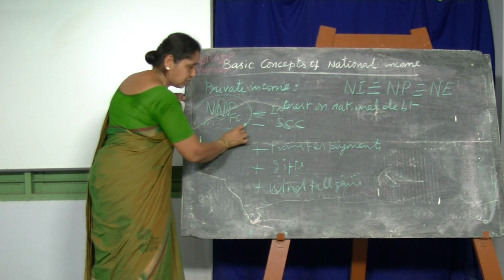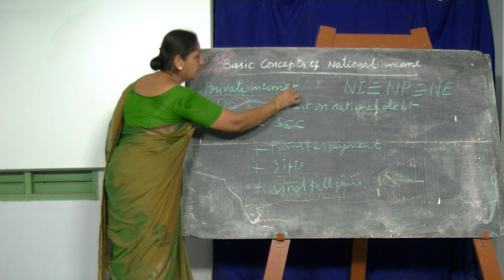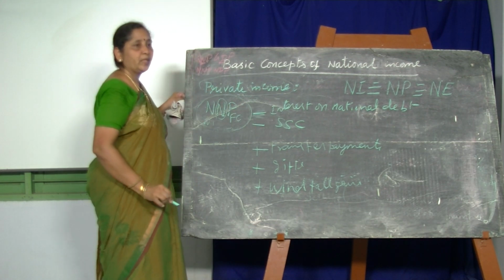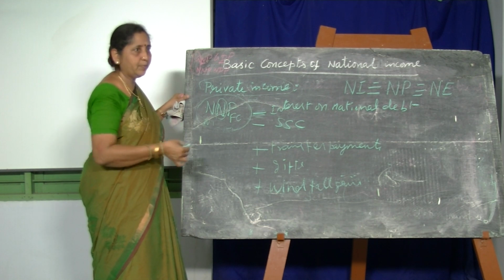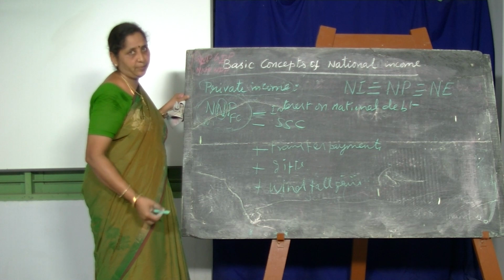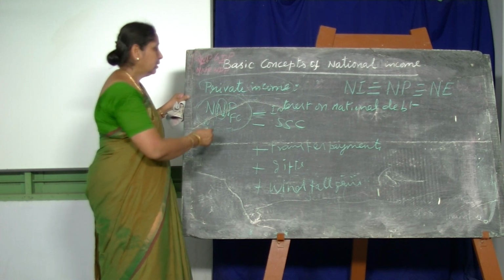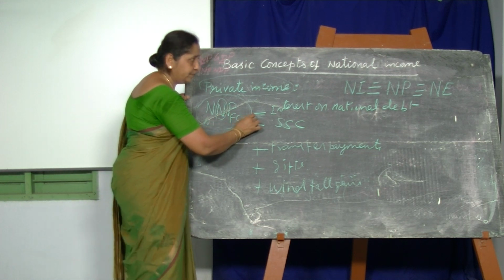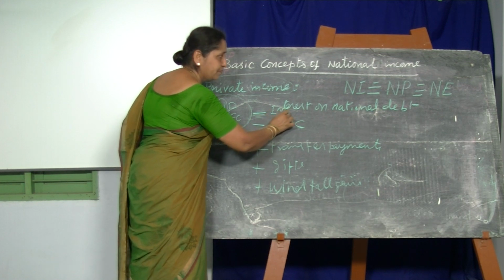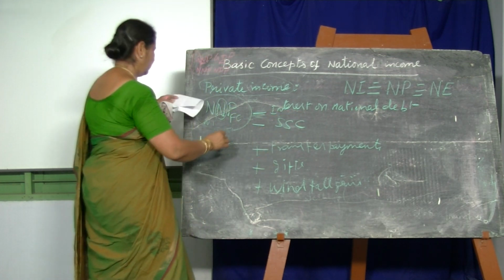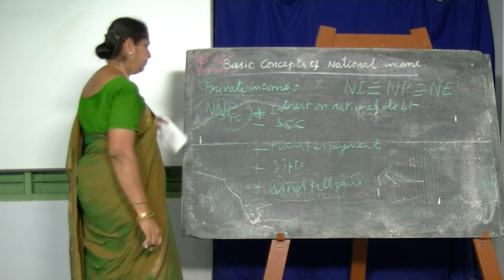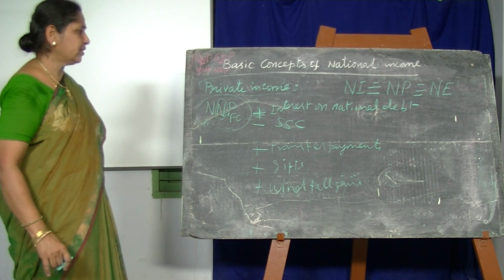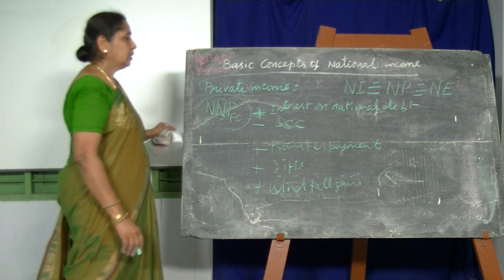This is national income and this is private income. Okay, private income means the income which is received by the private people, corporates. So from the national income we subtract interest on national debt. Sorry, we have to add interest on national debt.